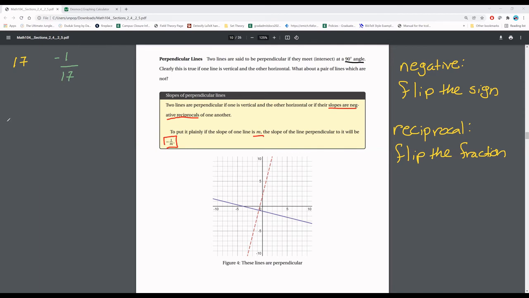If the slope of a line is negative 2 over 3, the negative reciprocal says flip the sign, it becomes positive, and then flip the fraction, that becomes 3 over 2. So flip the sign, flip the fraction: negate and flip. Negative reciprocal.